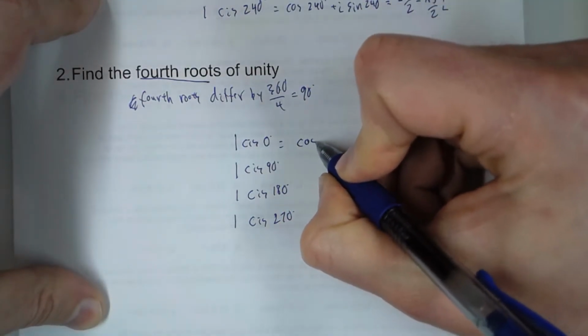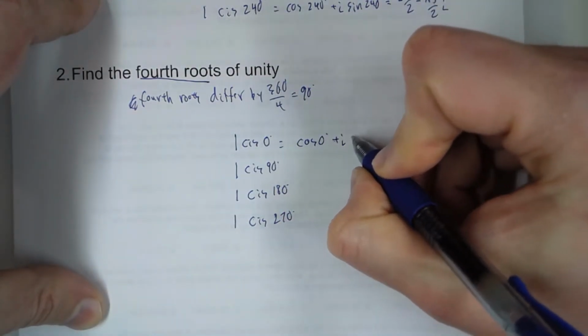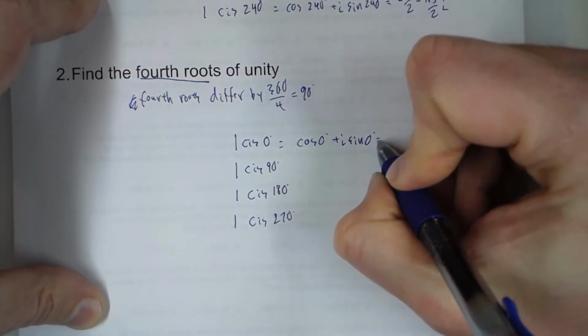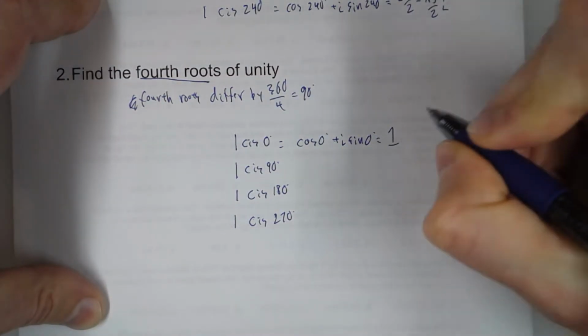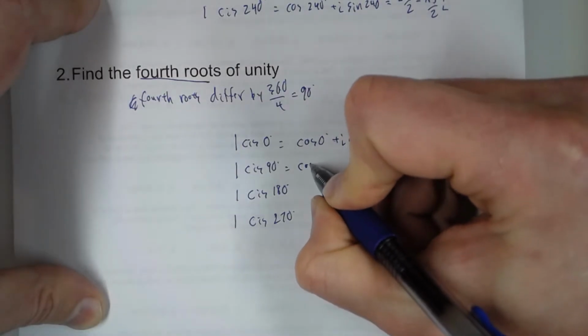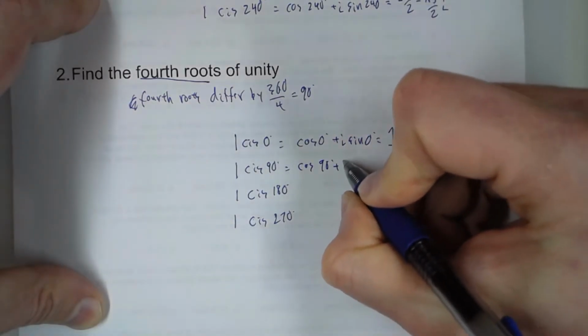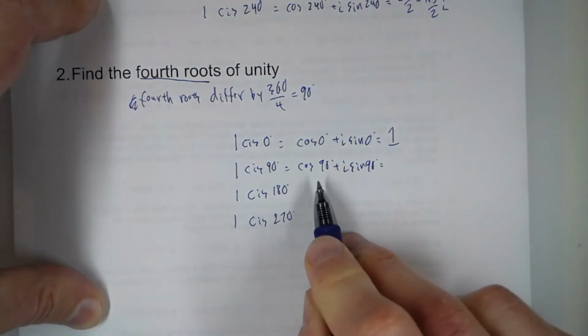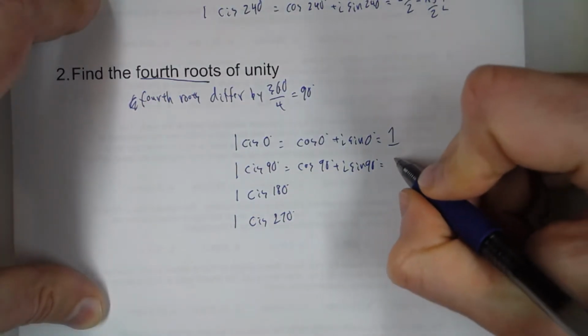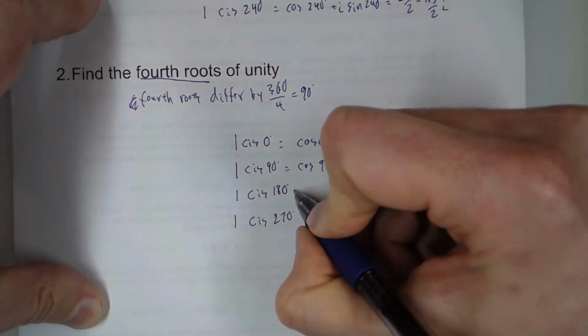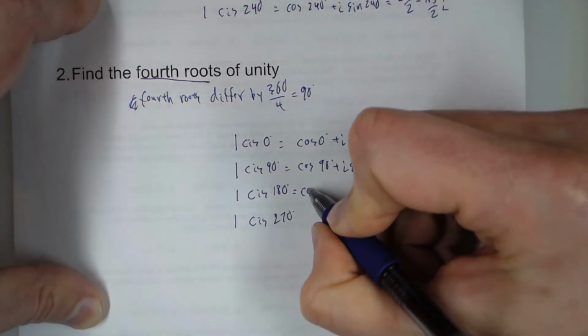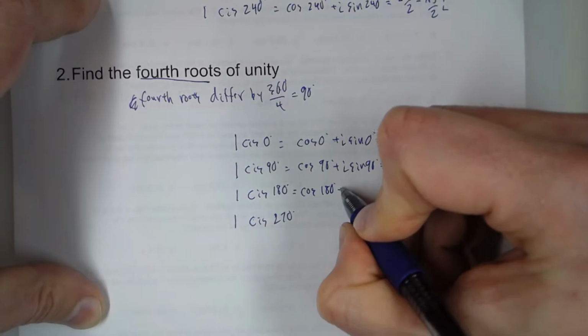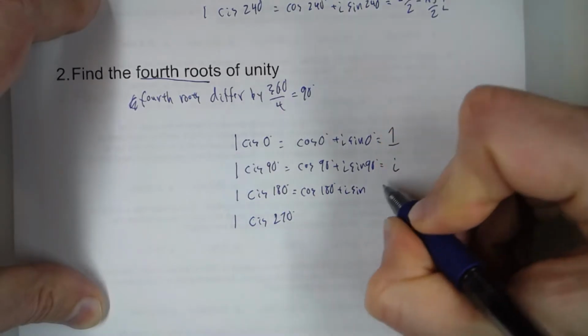And so if I write this out, cosine of 0 plus i sine of 0, which we just saw above, was 1. Cosine of 90 plus i sine of 90. Well, cosine of 90 is 0 and sine of 90 is 1, so this is i. Cosine of 180 plus i sine of 180.